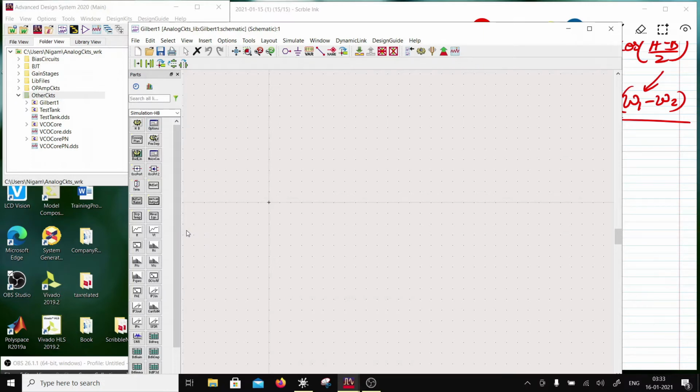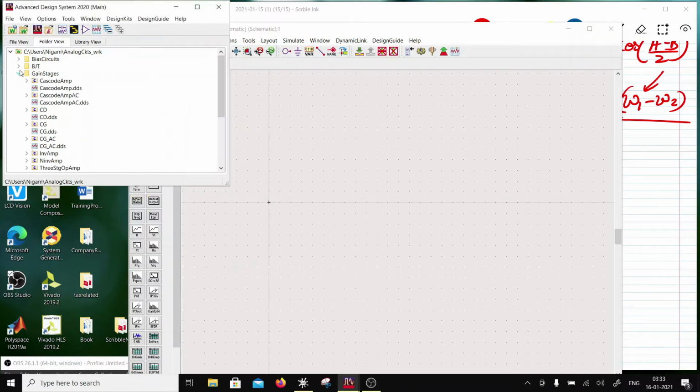Okay, so I'm going to take only NMOS transistors. So very quickly I'm going to put NMOS devices here. Where do I find them? I find them over common gate here.